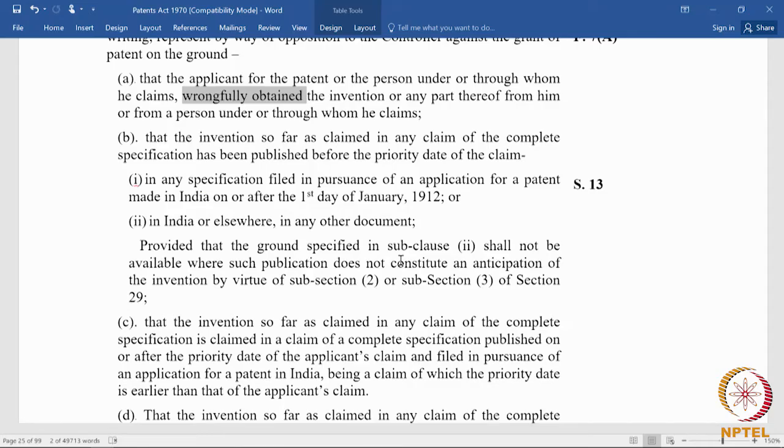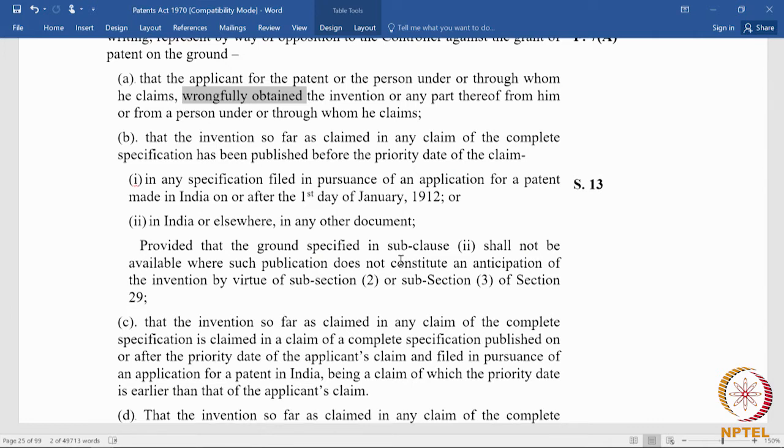If the obtaining happens after the grant of a patent, then there can be a further proceeding, or there can be certain actions that the controller can take under section 26. Now, section 26 covers section 25(2)(a), but we are currently discussing only section 25(1)(a).